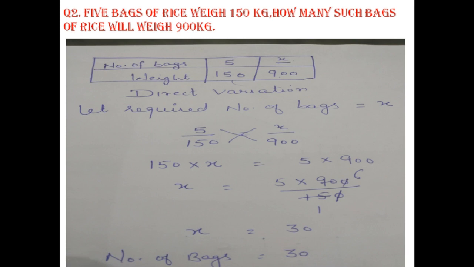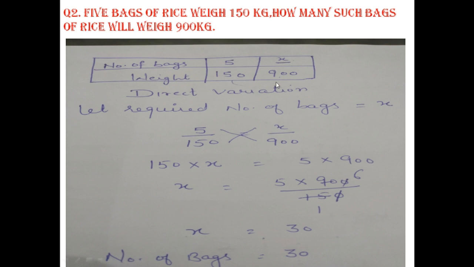Next question from your worksheet. This is question number 2. 5 bags of rice weigh 150 kg. How many such bags of rice will weigh 900 kg? I told you in the last question that it will be easy for you to solve if you draw the table.